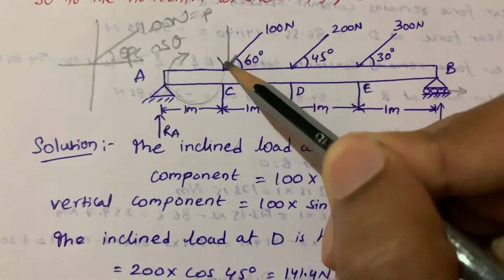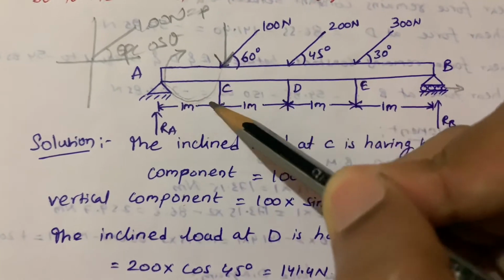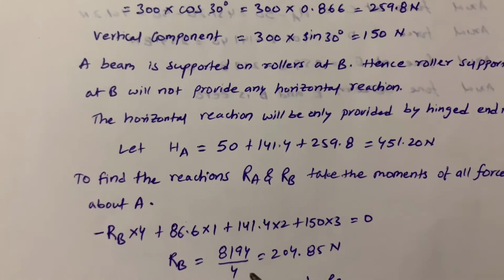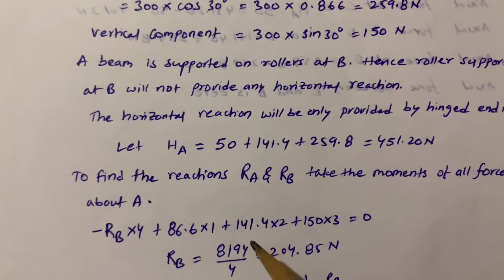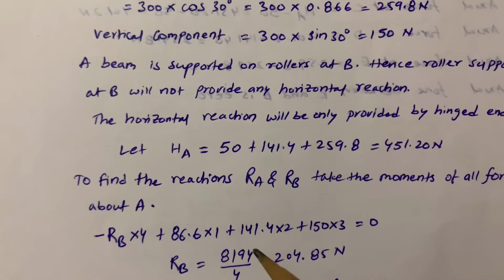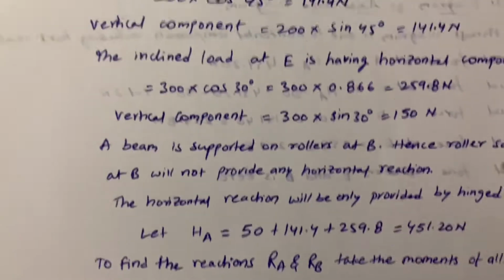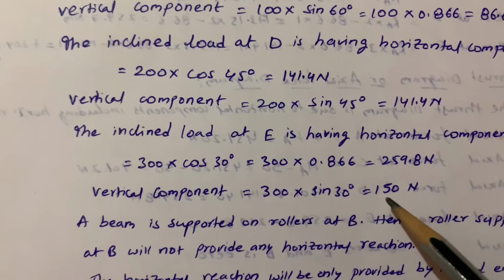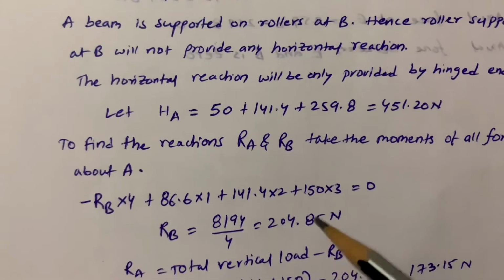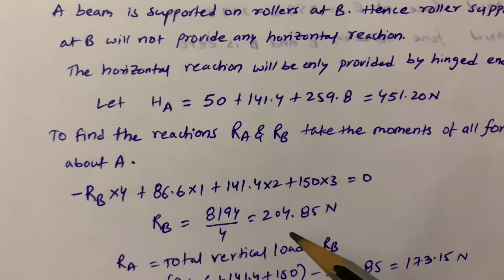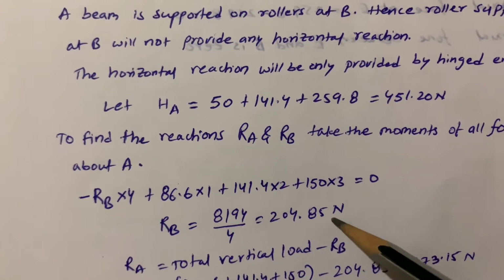So 86.6 into 1, force into perpendicular distance. Like that I wrote for points C, D and E. For D we know these are all vertical components, 141.4, and next 150 into perpendicular distance. So I got RB as 204.85 newtons.